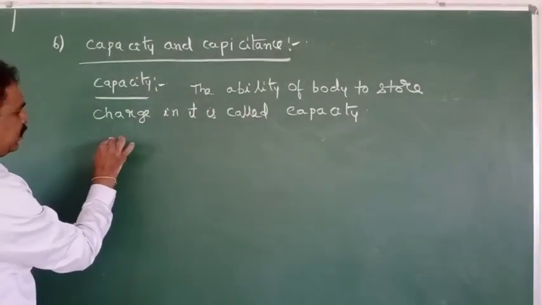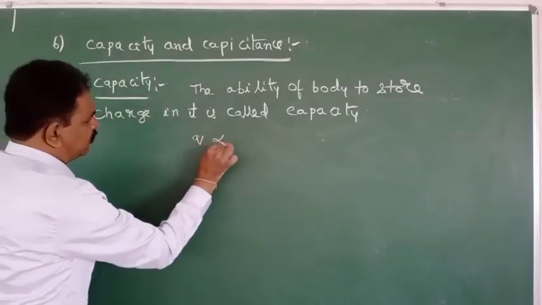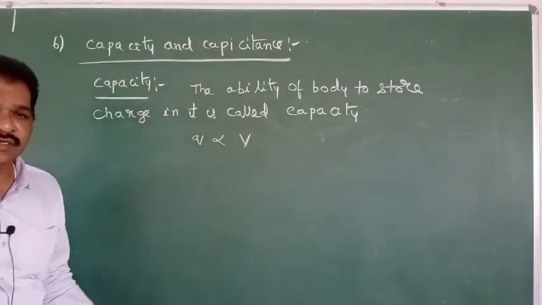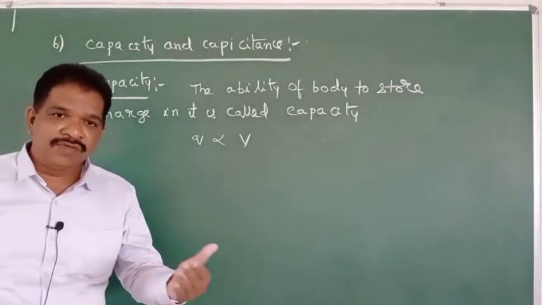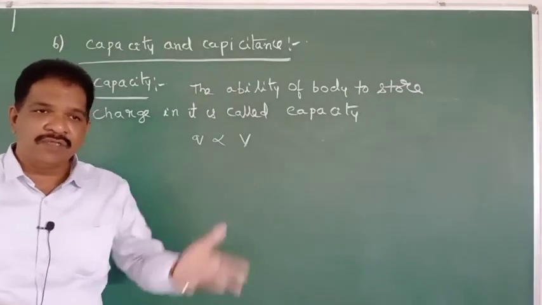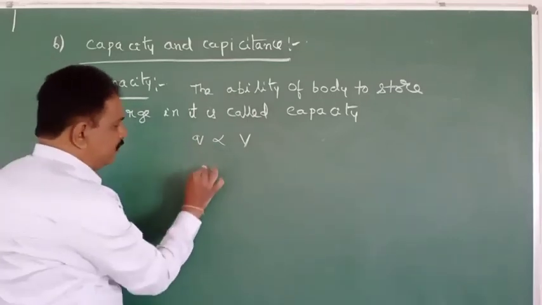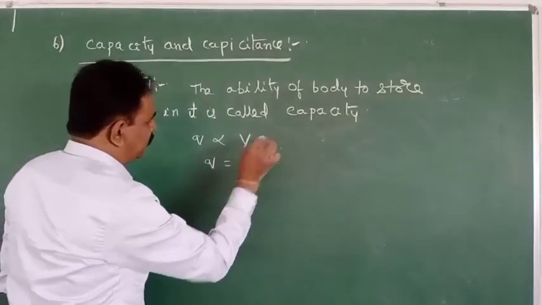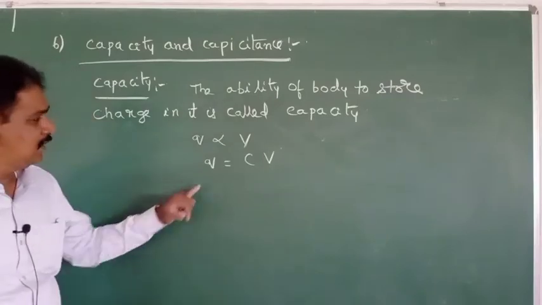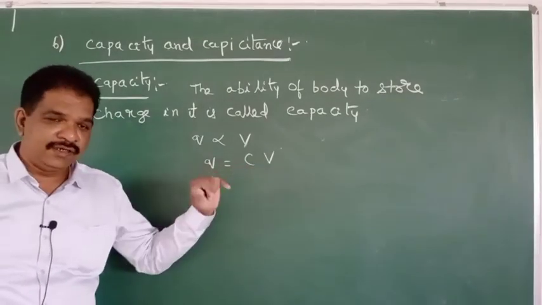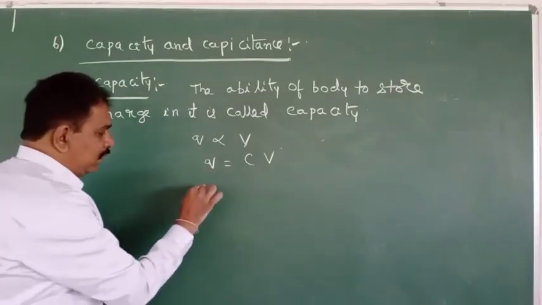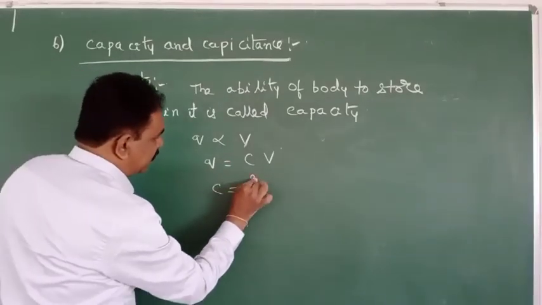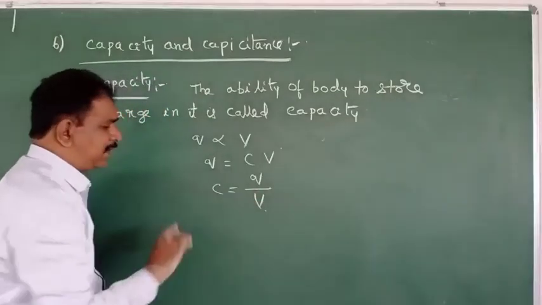And if we give charge to a conductor, its potential will increase. You are giving more charge, its potential will increase by more. So these two are directly proportional. Then Q is equal to some constant C into V, where C is called the capacity.